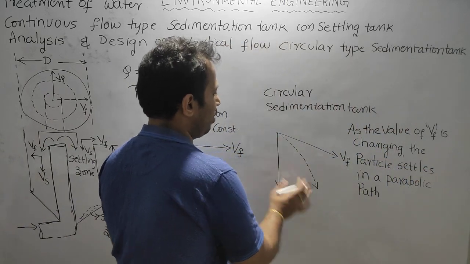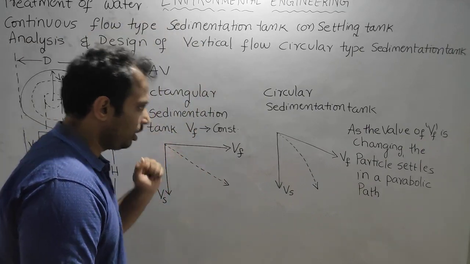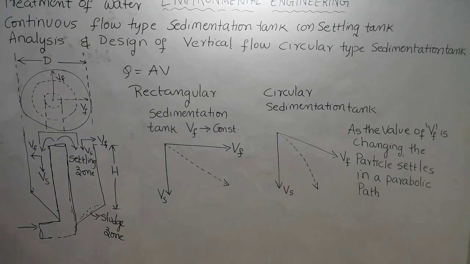So this is a parabolic path. Okay, so in rectangular tank the particle will settle in a straight line. In circular sedimentation tank the particle settles in a parabolic path because the velocity of flow is decreasing from the inlet to the outlet.